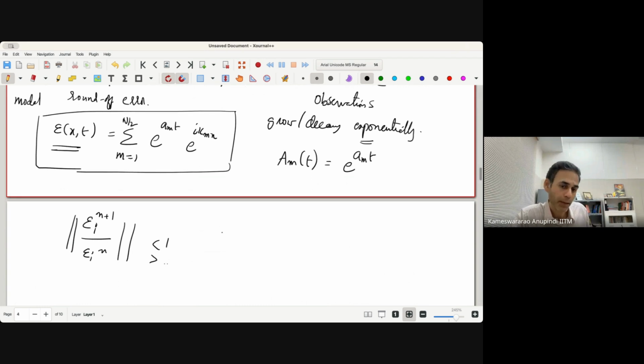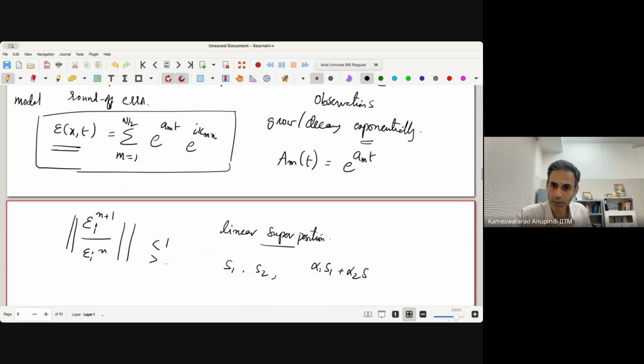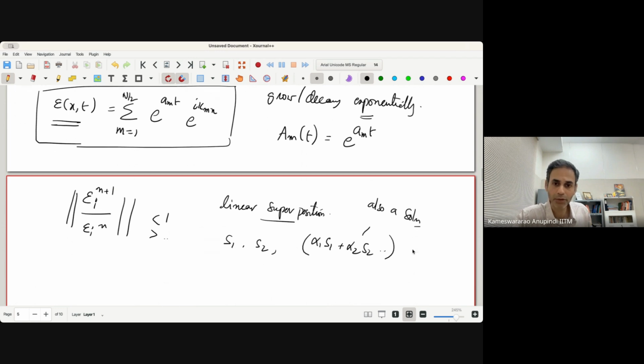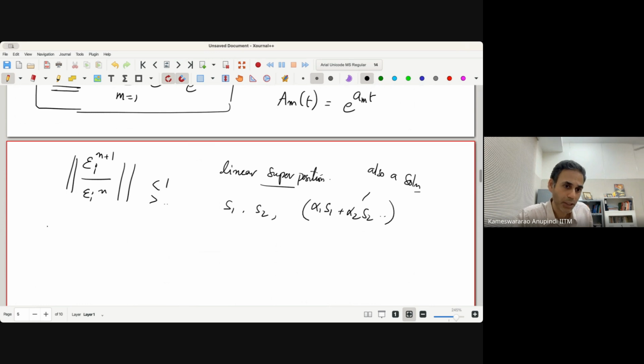So if I have two solutions, S1 and S2, any linear combination of them, alpha 1 times S1 plus alpha 2 times S2, is also a solution, because the governing finite difference equation is linear.